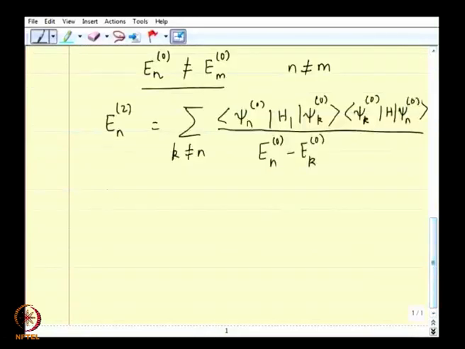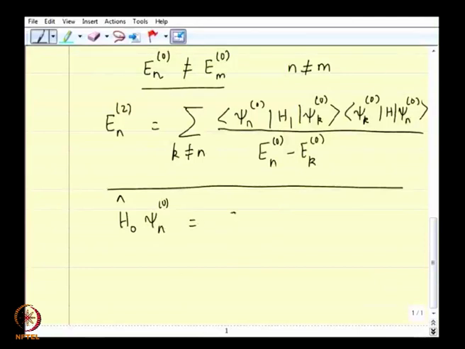Now what if some of the states are degenerate? That is, if we have for the zero order Hamiltonian solutions which are psi n 0, let me write this E n 0 psi n 0, but then more than one state is there.